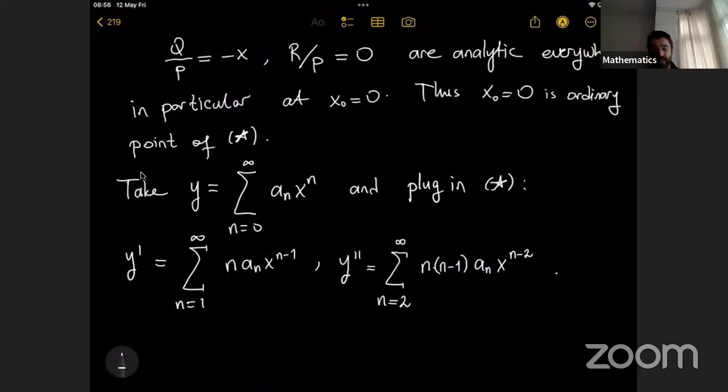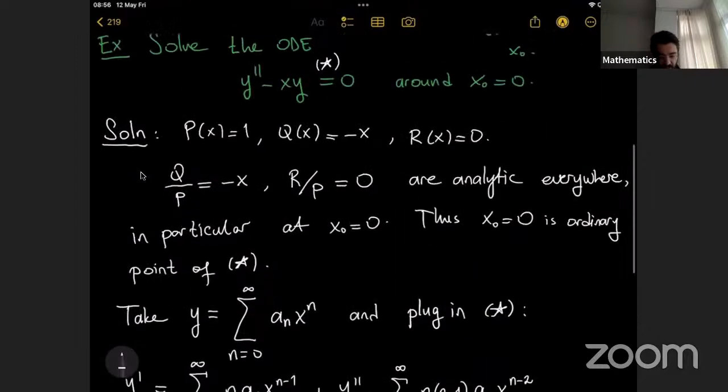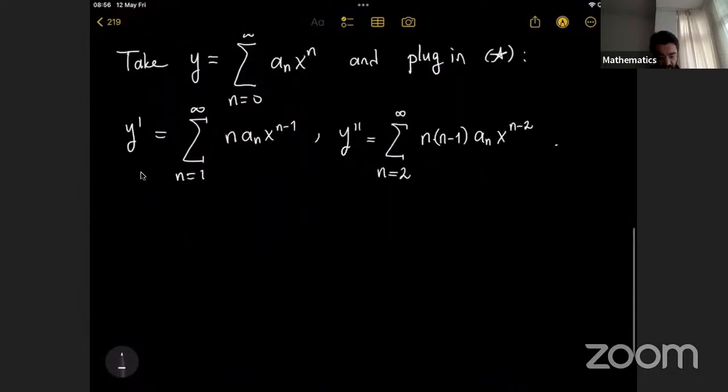And we're going to put this back into star. So remember, star was y double prime minus x y.